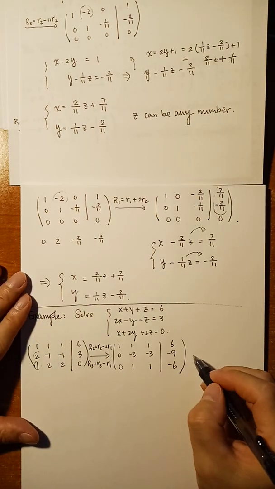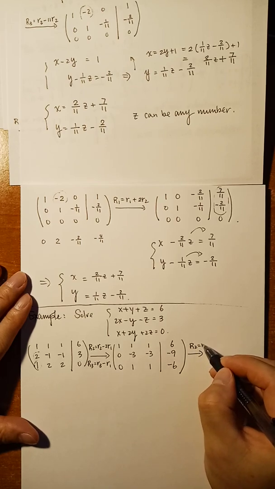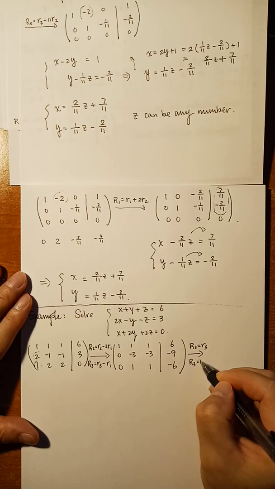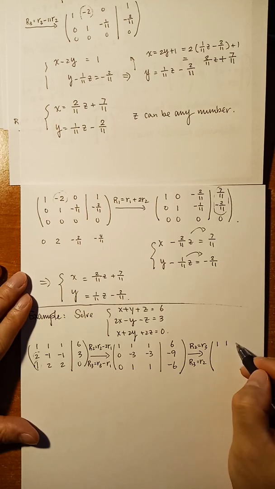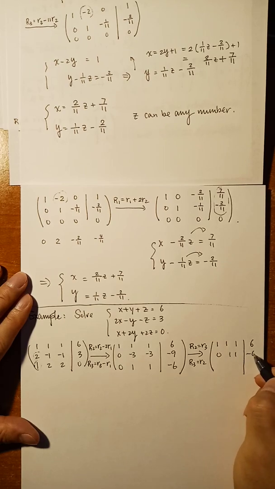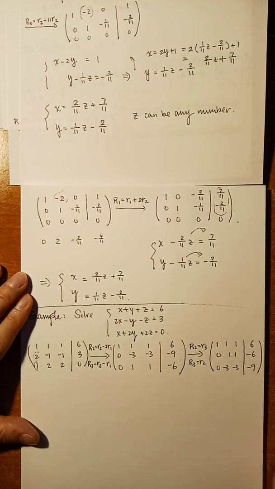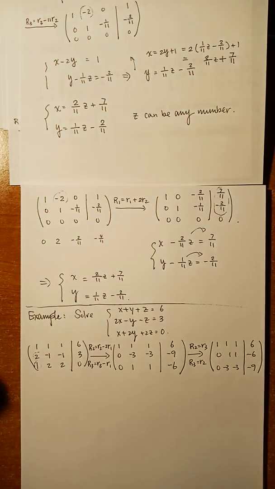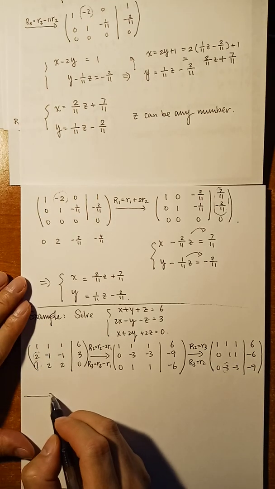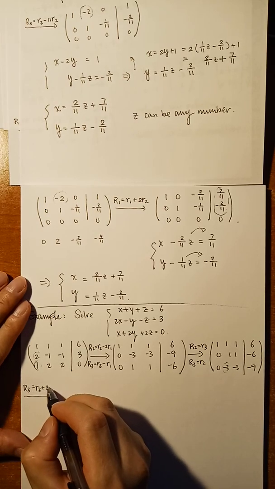Okay? And then we interchange row 3 and row 2. Row 2 becomes row 3 and row 3 becomes row 2. Just interchange them. And then here is a 1. Here is negative 3. I want to make this number 0. So new row 3 is original row 3 plus 3 times row 2.